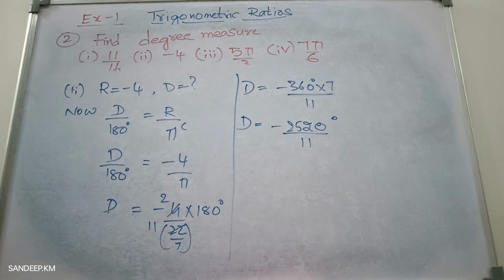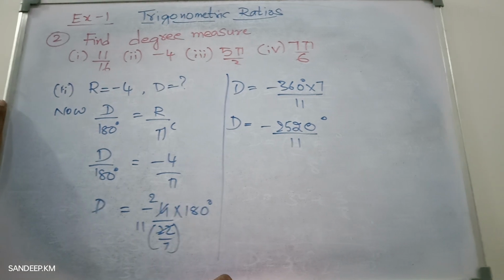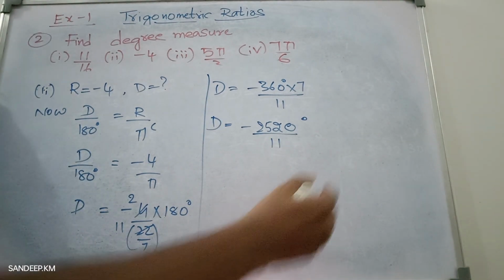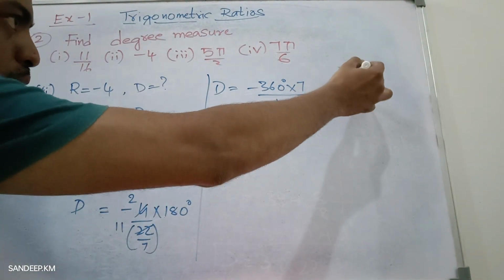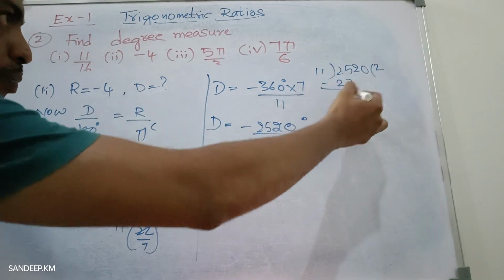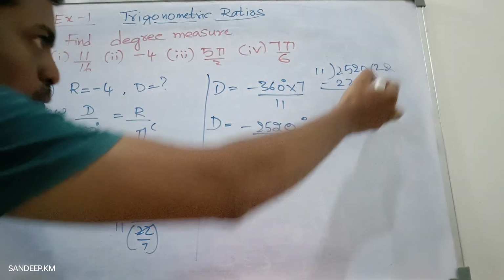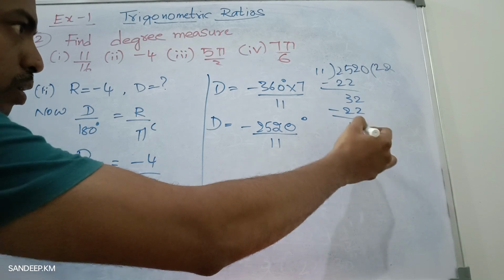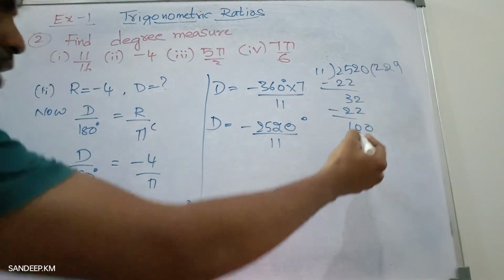For that, again we have to divide 2520 with 11. So when I divide 2520 with 11, 11 2s are 22, 11 2s are 22, 11 9s are 99.